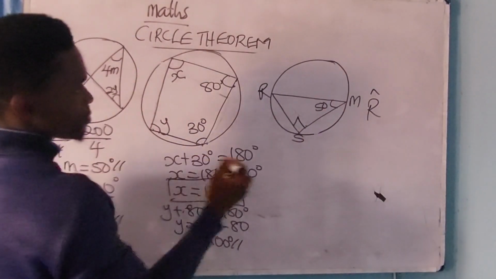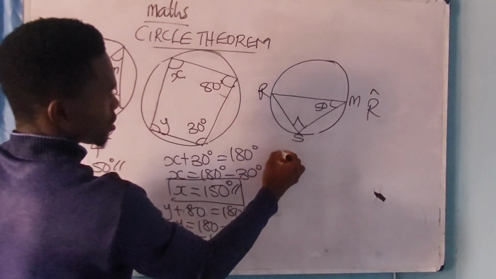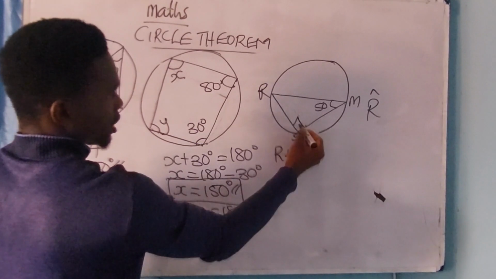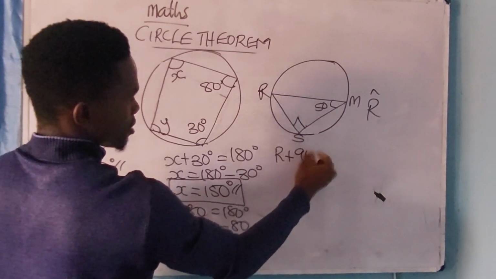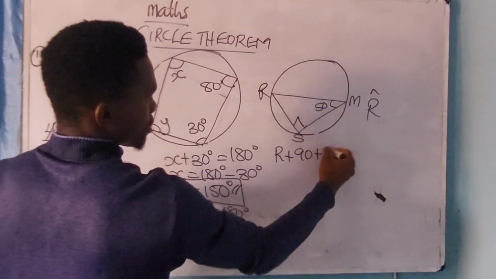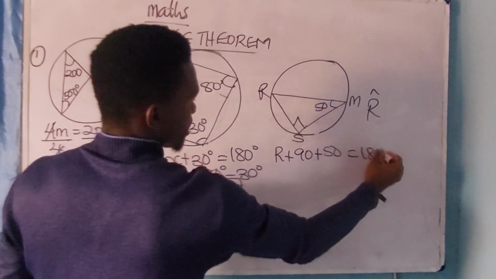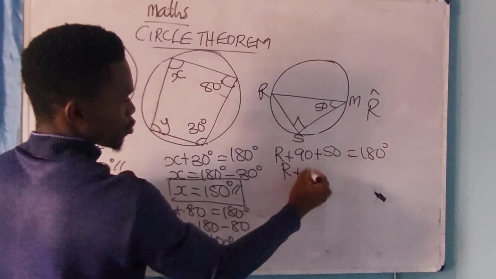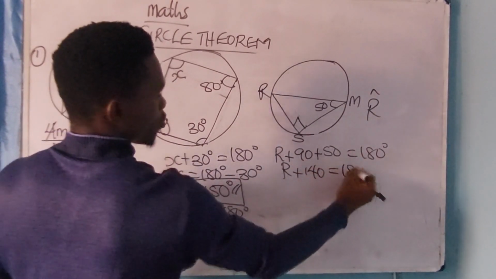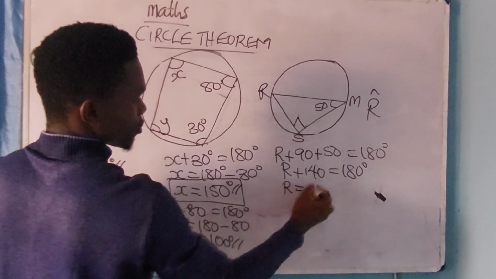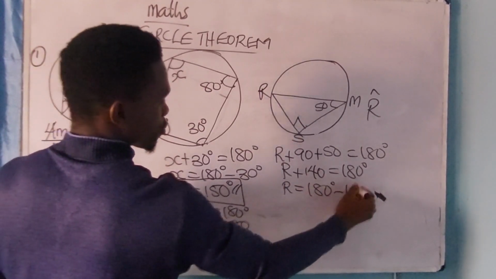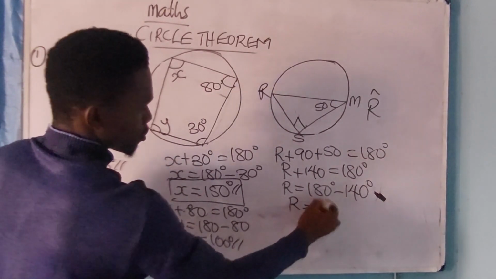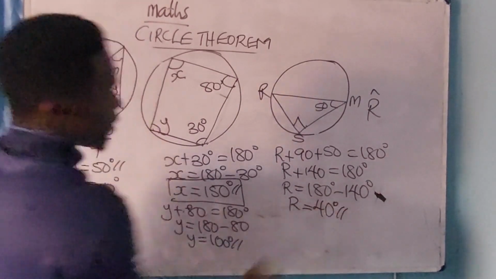Therefore, r plus the angle formed there, 90, plus this 50 equals 180 degrees. Now 90 plus 50 is 140 degrees. Then 180 degrees. Therefore, r equals 180 degrees minus 140 degrees. Therefore, r equals 40 degrees.